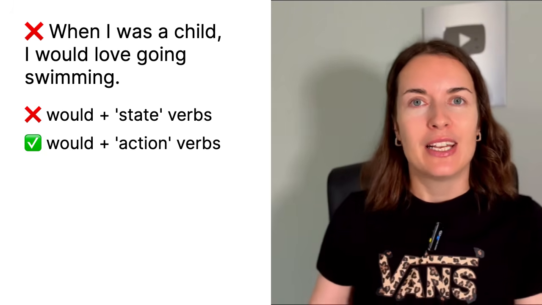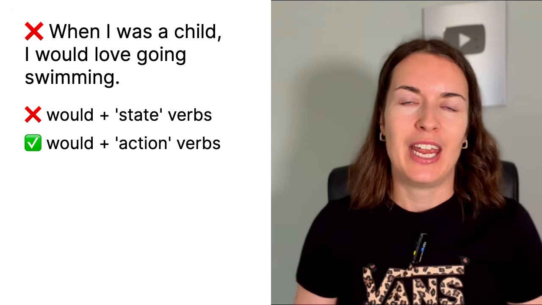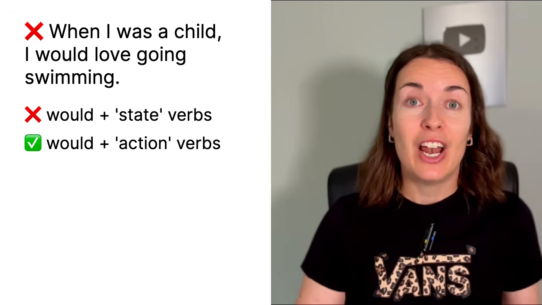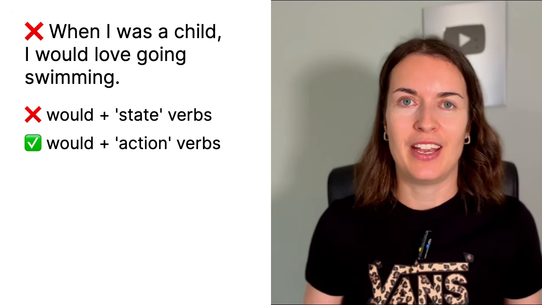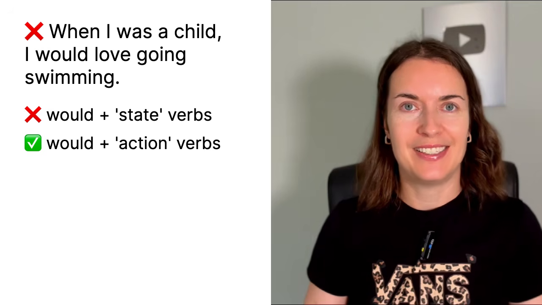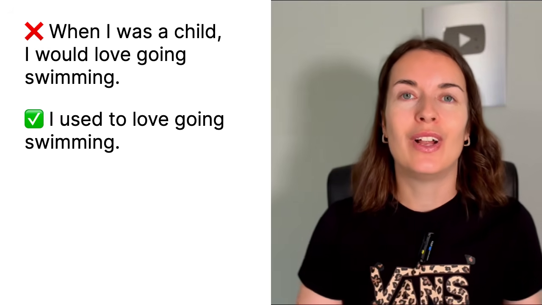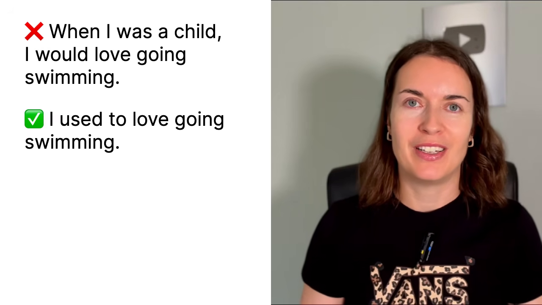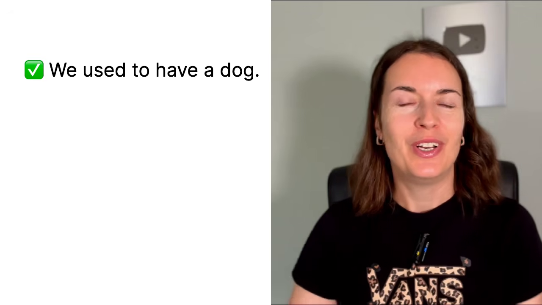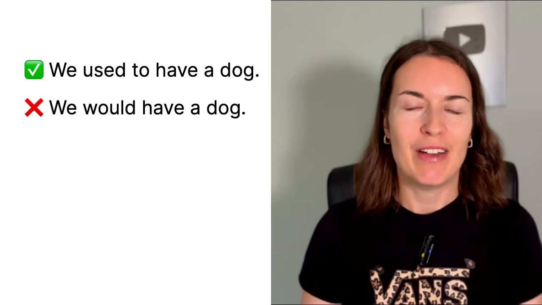I would learn Spanish every evening. But when it's a state, like having, liking something, then we have to use used to instead. So I used to love going swimming. Here's another example. We used to have a dog. We can't say we would have a dog.